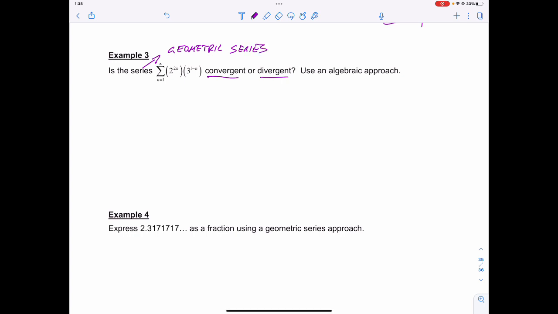And for a geometric series, Tn is equal to a times r to the power of n minus 1. Which means realistically, we're looking for the sum of a times r to the n minus 1.